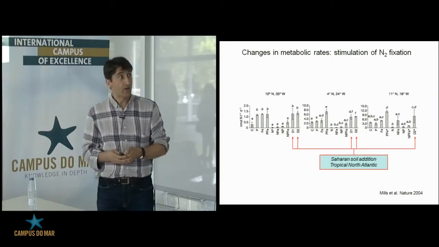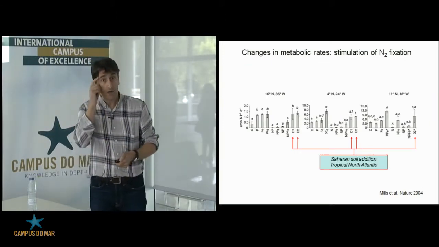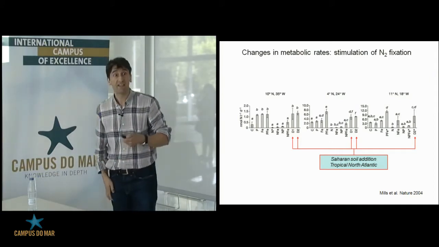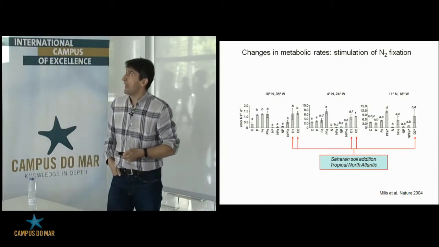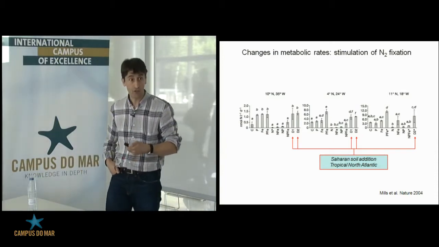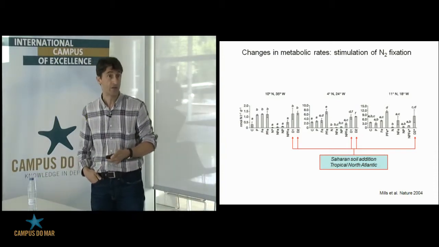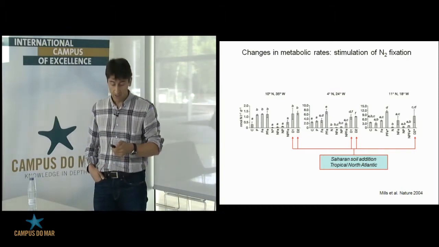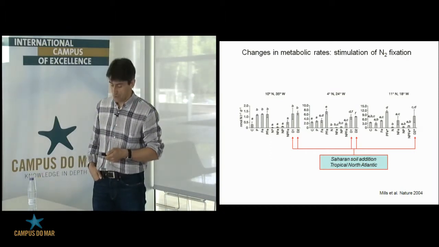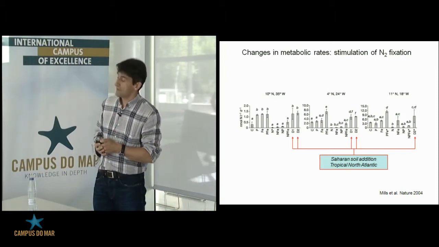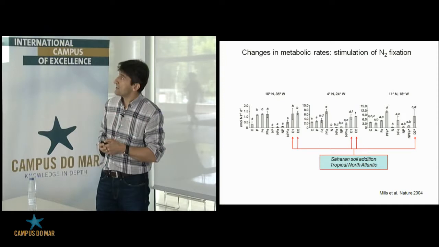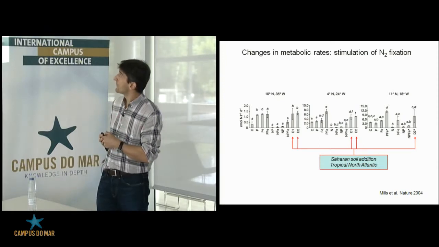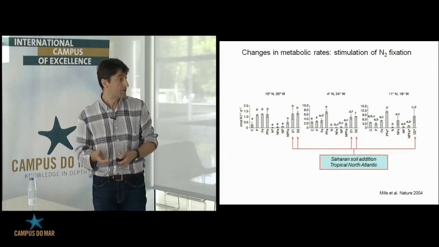Nitrogen fixation can also be quite responsive to dust additions, and this makes sense because dust carries iron and also phosphorus, and these two elements, iron and phosphorus, can typically be limiting for nitrogen fixation. These are complicated experiments. I would just want to concentrate on one aspect. These D1 and D2 treatments here correspond to dust addition experiments.